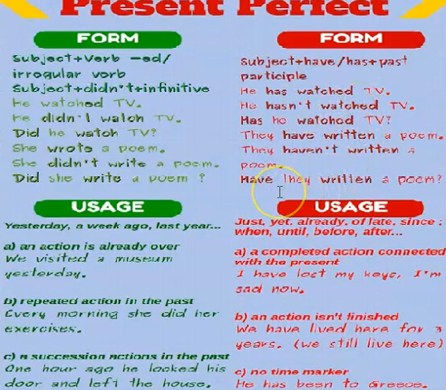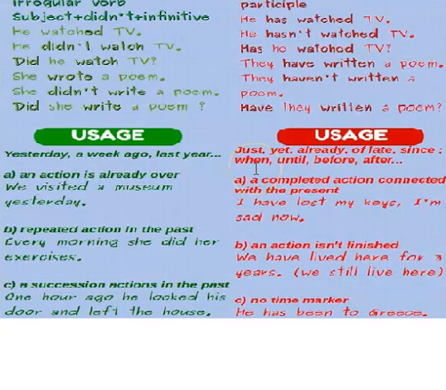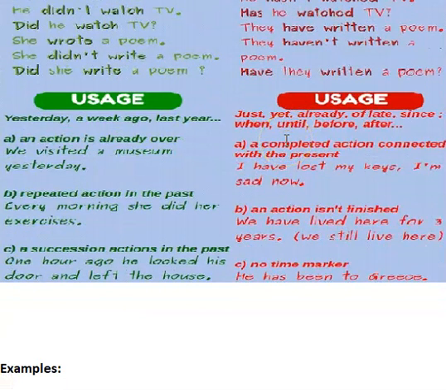Okay, if we want to ask a question, we will put have or has at the beginning, subject, and then the past participle form. Have they written a poem? Okay, did you write a poem? Okay, they haven't written a poem. She didn't write a poem. Okay, so this is how we form the present perfect and the simple past.